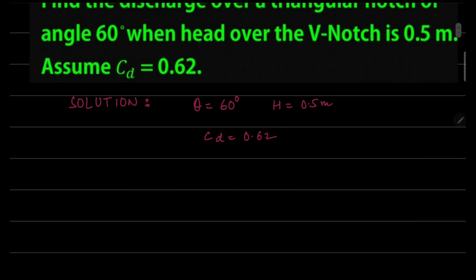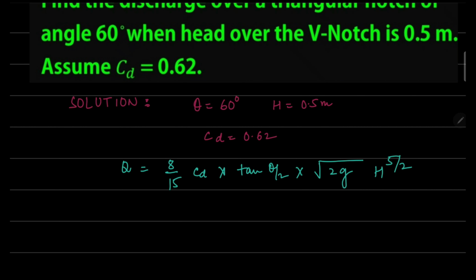The expression we use for the triangular notch is Q is equal to 8 by 15 CD multiplied by tan theta by 2 multiplied by under root 2g, then h raised to the power 5 by 2.